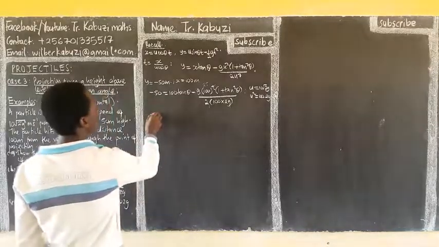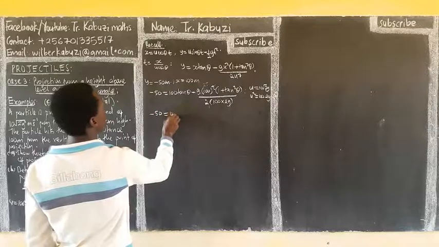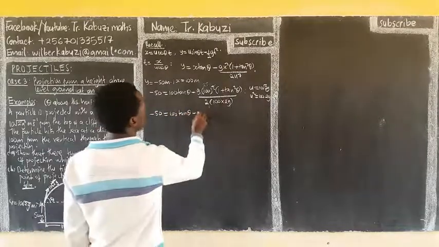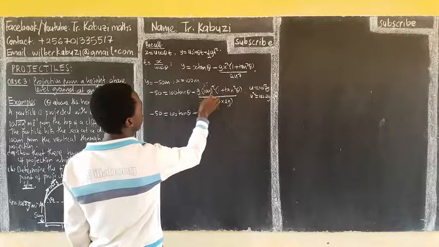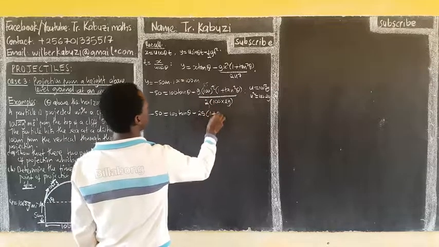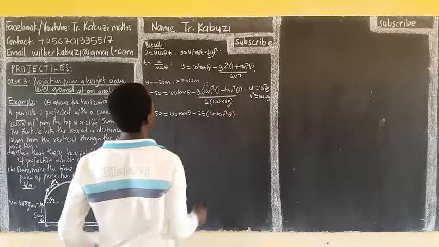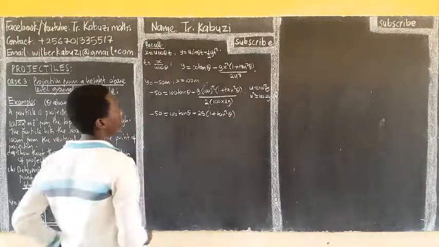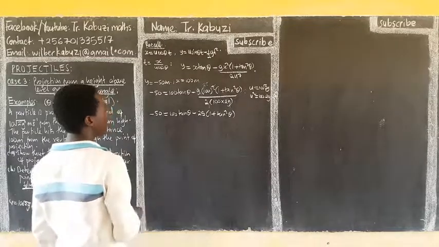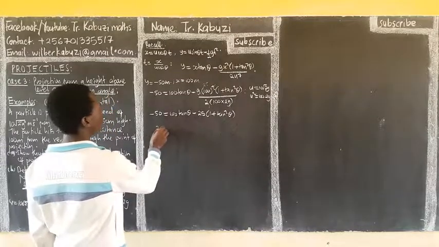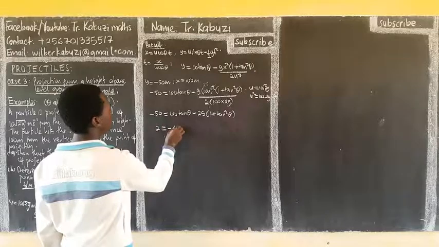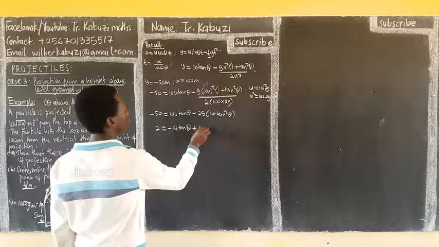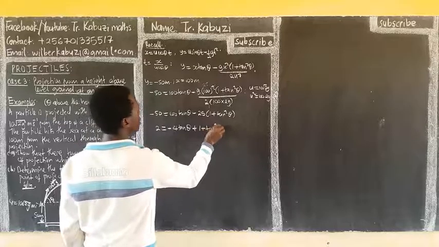We have negative 50 equal to 100 tan theta minus 25, open brackets, 1 plus tan squared theta. We can divide this by negative 25.